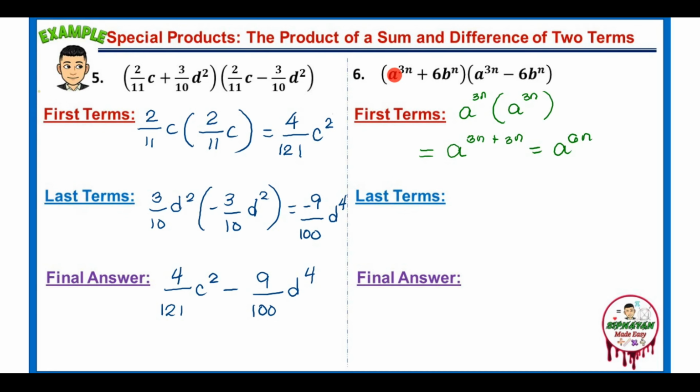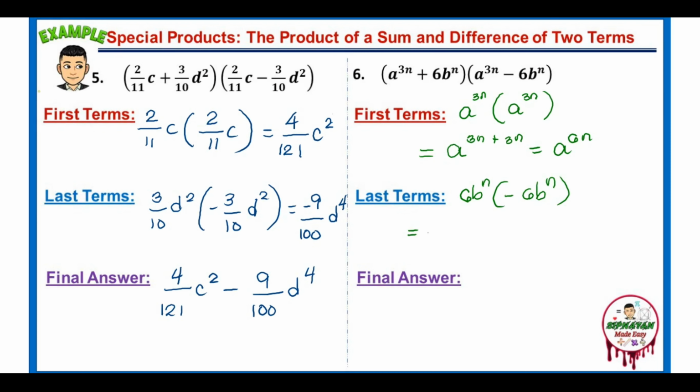When it comes to last terms, in a raised to 3n plus 6b raised to n, we have 6b raised to n as the last term. In a raised to 3n minus 6b raised to n, we have negative 6b raised to n as the last term. Multiplying them, we have 6b raised to n times negative 6b raised to n.